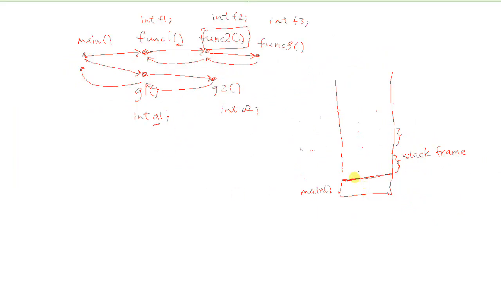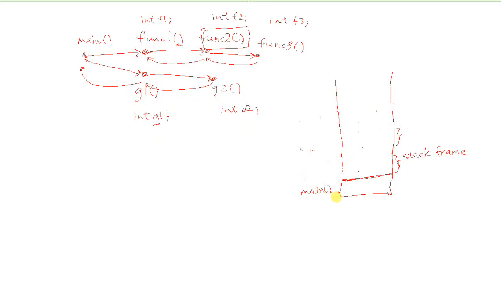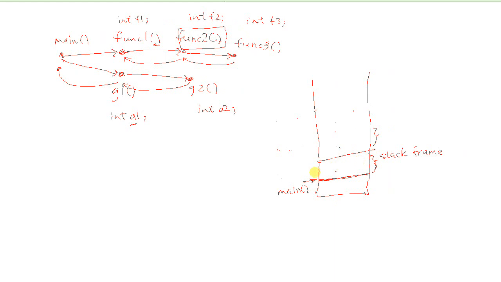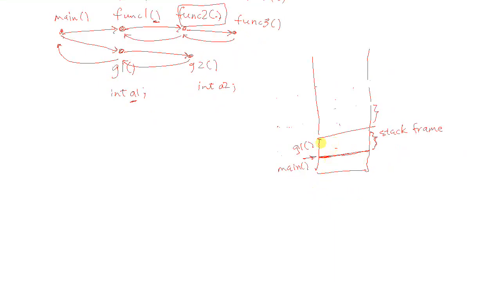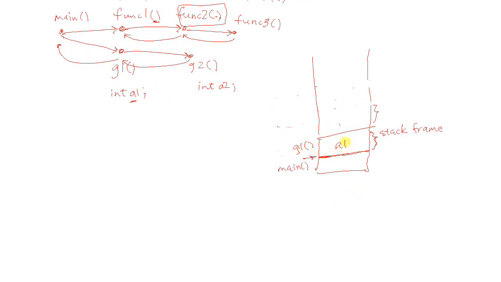It's going to be created on the top of the stack. For every new function call, the variables are allocated from the top of the stack. What is the top of the stack right now? Right here in main. So we will create a space for g1 here, and the variable name a1 is going to be used here. Then g1 is going to use variable a1, and change the value of a1 and all this stuff.